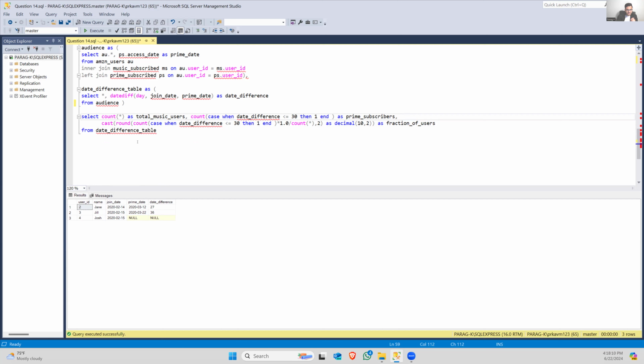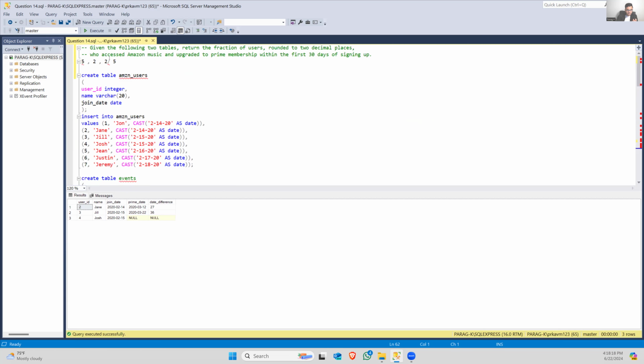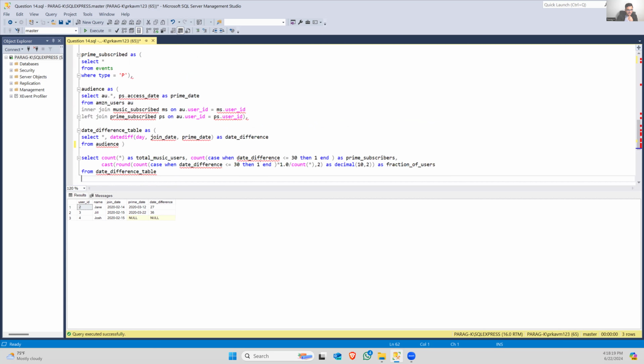And then we have to perform the fraction. As I told you, it's 2 by 5. So what I've done in here is I've used this particular count divided by the total count. I multiply by 1.0 because otherwise ideally I get a 0, since I need to convert this into a float, a decimal.